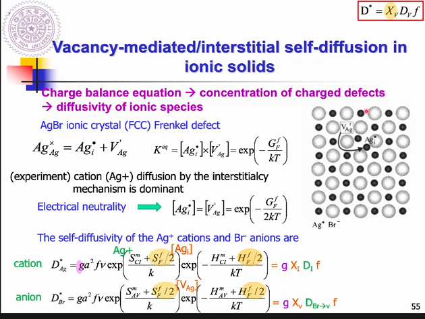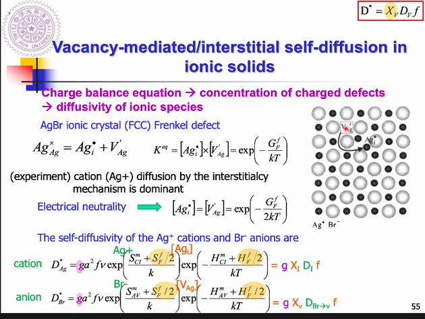The vacancy is at the silver site, the same. But for the jump frequency of bromide, this big guy jumping into a vacancy at the silver site, I believe this migration energy is quite large, so this value should be quite small. Okay. It's quite difficult to allow bromide with negative charge to jump into a vacancy also with negative charge.